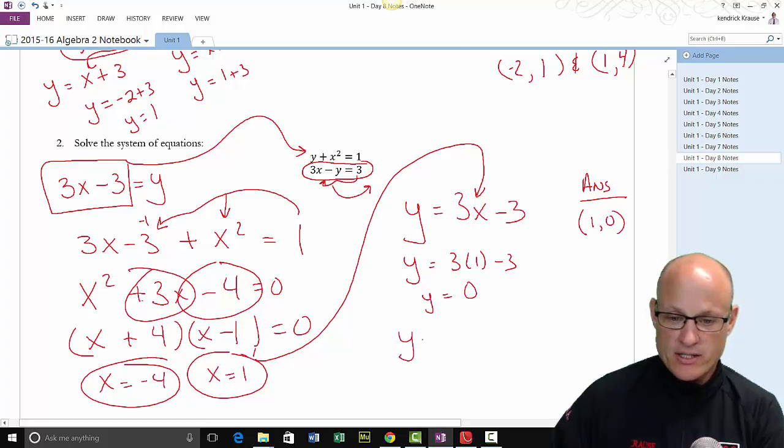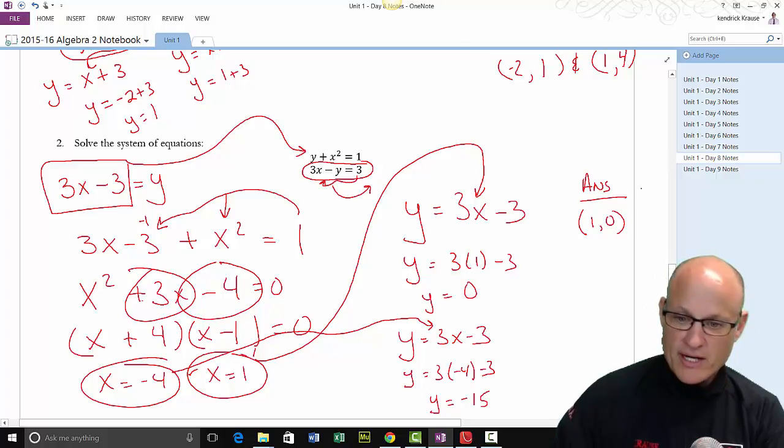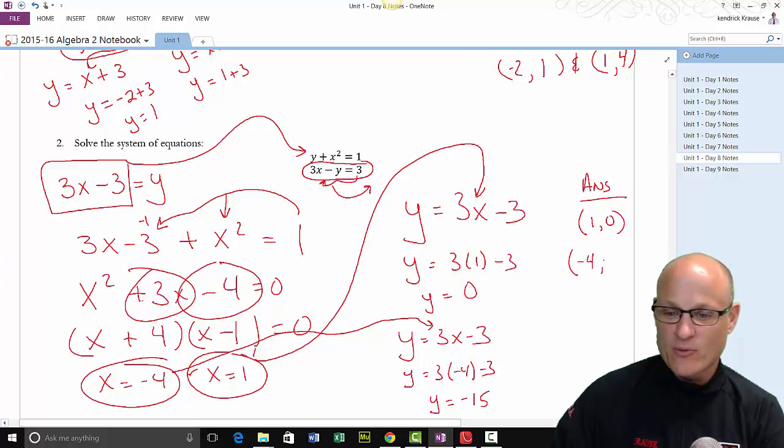Now I'm going to plug in this other answer of negative 4. So I get y equals 3 times negative 4 minus 3. And to save a little bit of time, we're going to just say that's negative 15. So my other answer or solution or point of intersection is negative 4, negative 15.